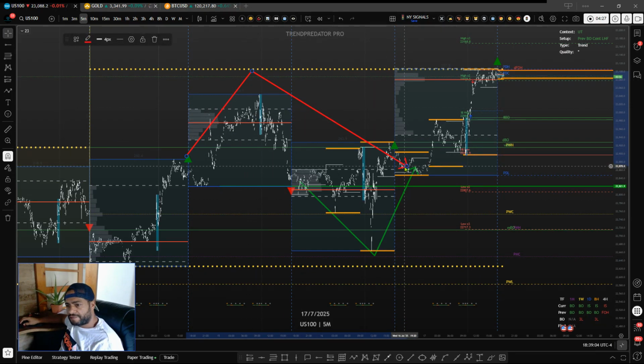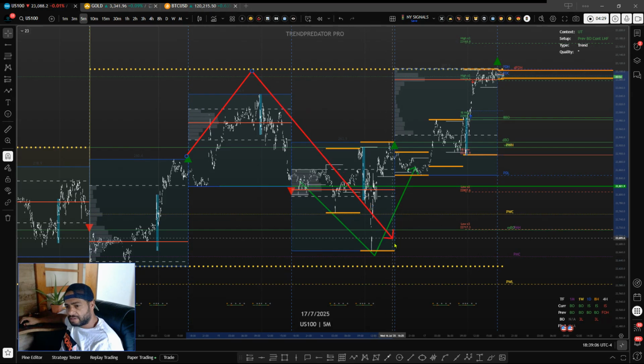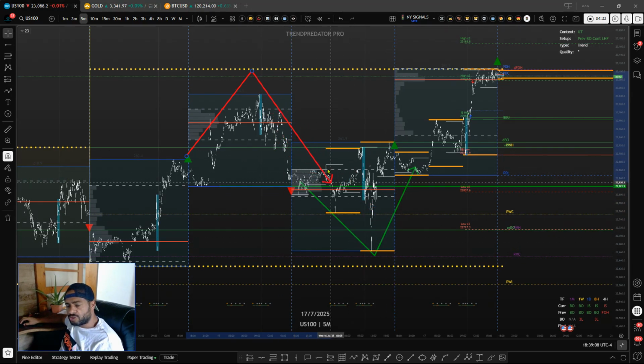So the bears failed. If you look at it that way, that the bears failed to stay below the lows of the day that was the fake out high. So day one shorts, they failed to stay below, and the price closed back above.